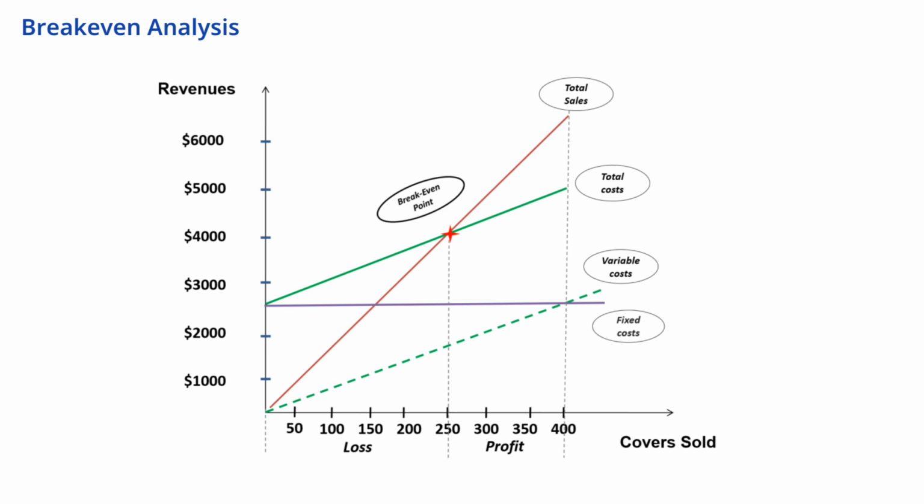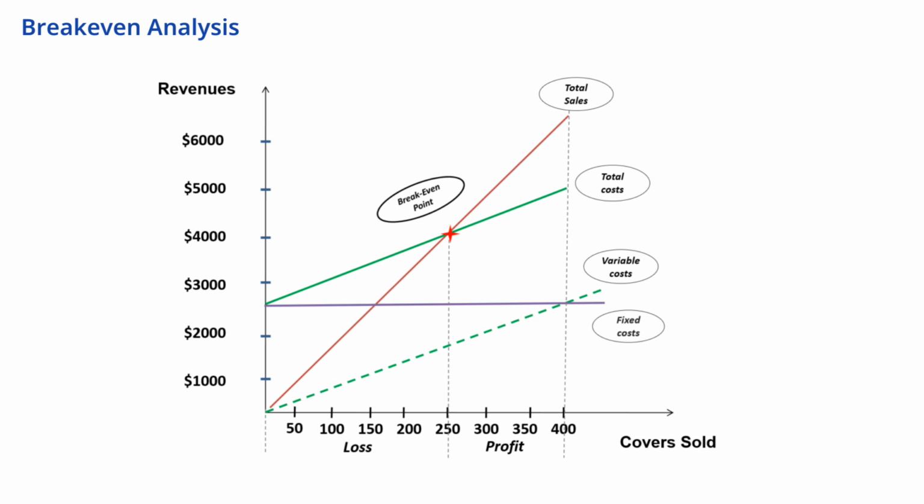The key components of break-even analysis are the fixed costs, the costs that do not change with production levels. An example again is the rent, salaries, and insurance. The variable costs, which are the costs that change with the level of production. Again, an example are the raw materials and direct labor to produce the product.